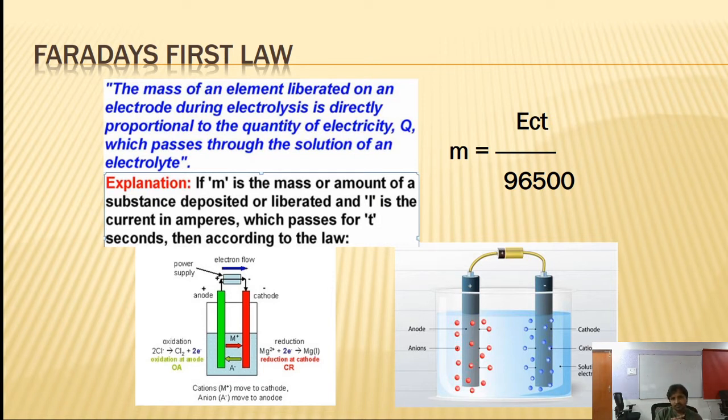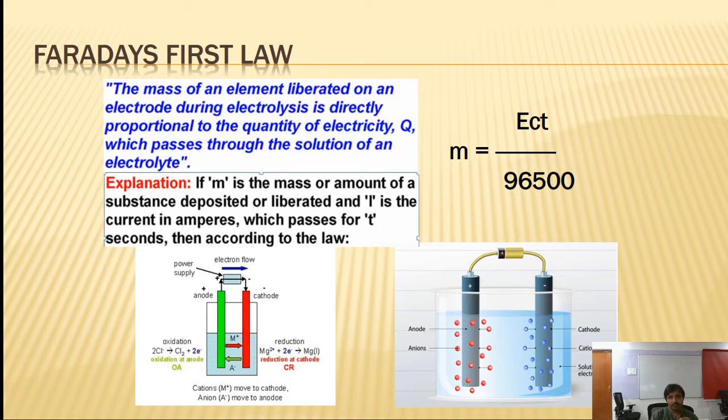What does that mean? The more electricity is supplied, the higher the amount of substance liberated, that is Cl2 gas, or the higher the amount of metal deposited at the corresponding electrodes.